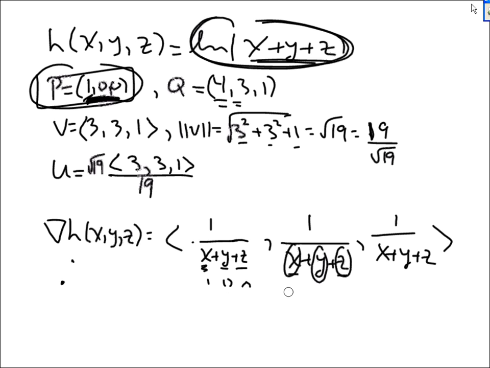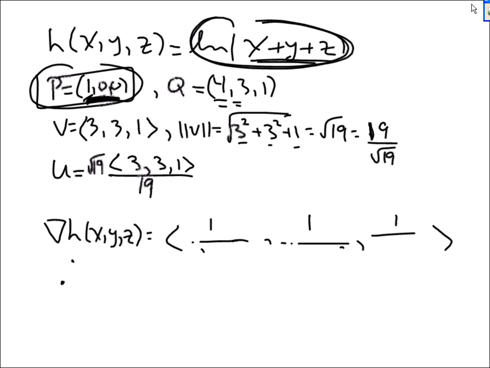In fact, all the denominators are 1, and 1 is on top. 1 divided by 1 is 1. This is just the vector 1, 1, 1. The x plus y plus z in the bottoms are 1, and the numerator is 1. You get 1s.